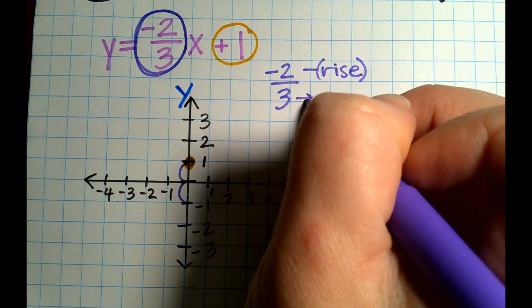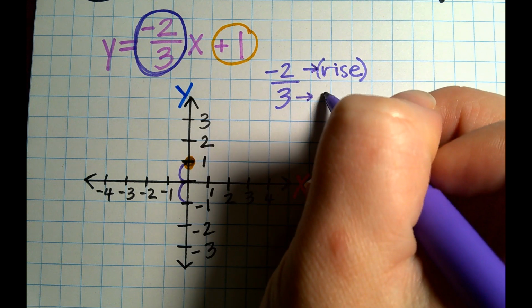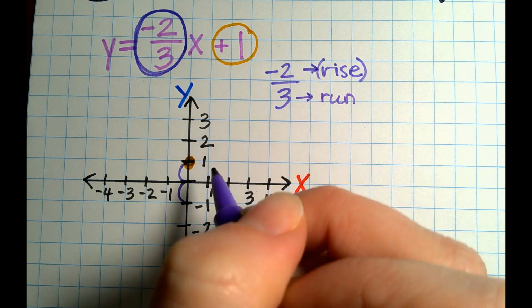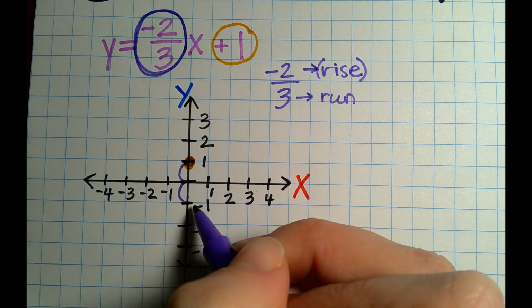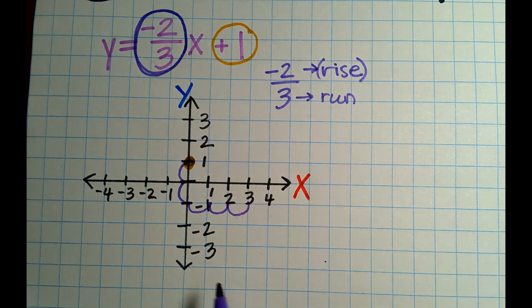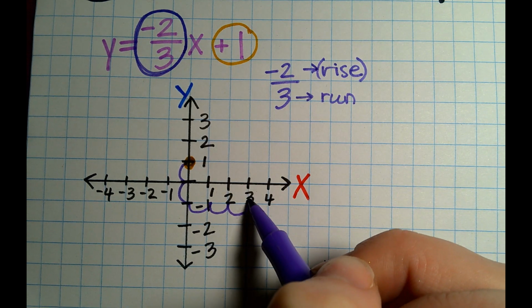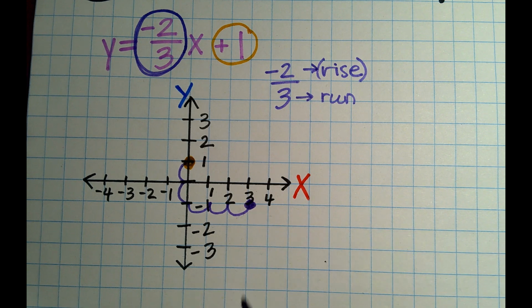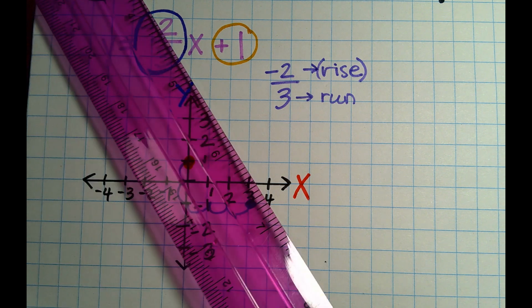Yes. And then we run 3. So from here we go 1, 2, 3. And this would be our second point. What is left to do? Connect the dots. Connect the dots, yes.